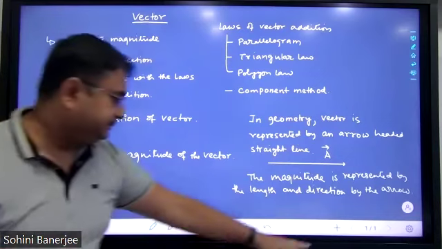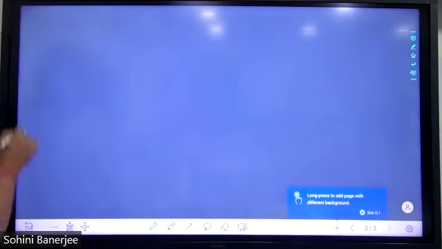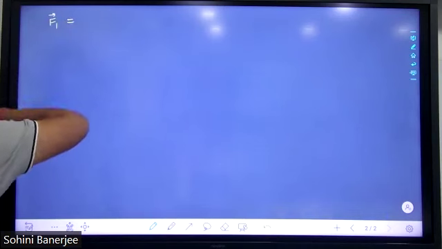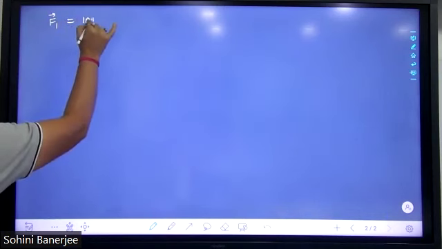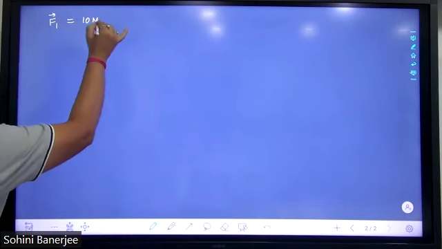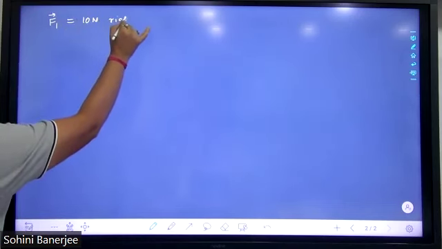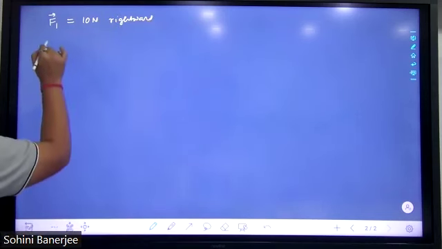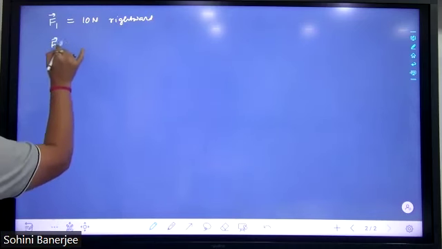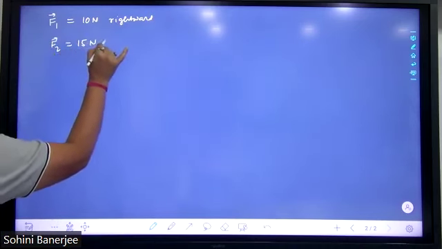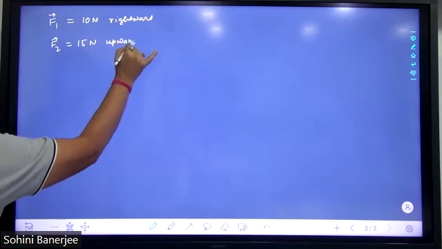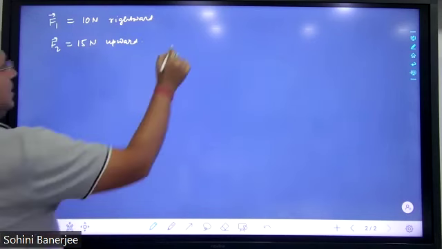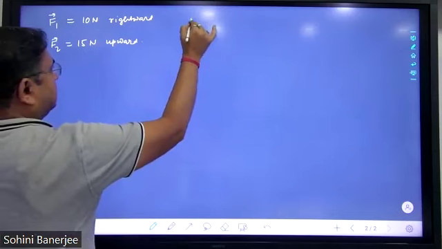How? Let us see. Say two forces are there. F1, that is say 10 Newton, rightward, and F2, 15 Newton, upward. So what I do, I select a scale.